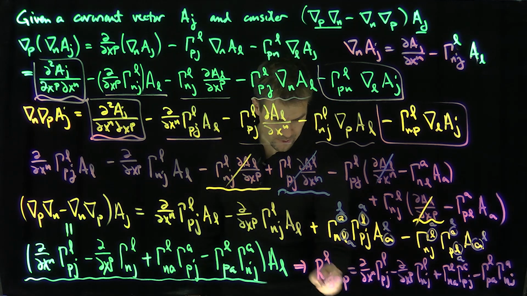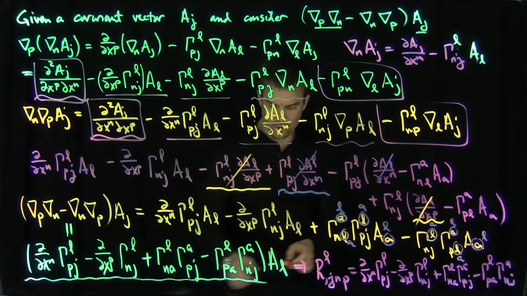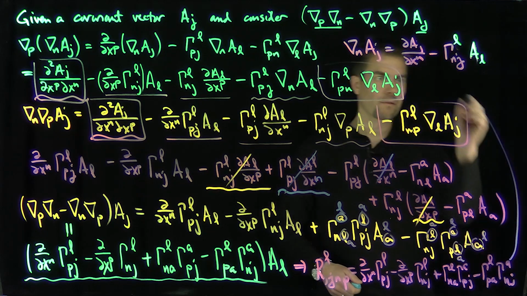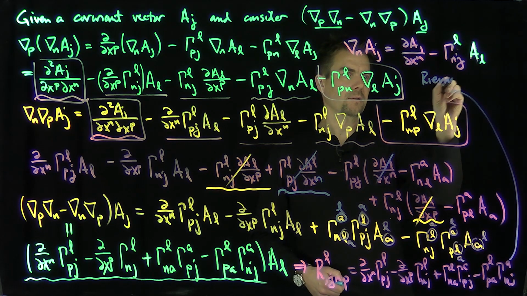I usually put a dot here just so that the L is upstairs. And this tensor over here is called the Riemann curvature tensor.